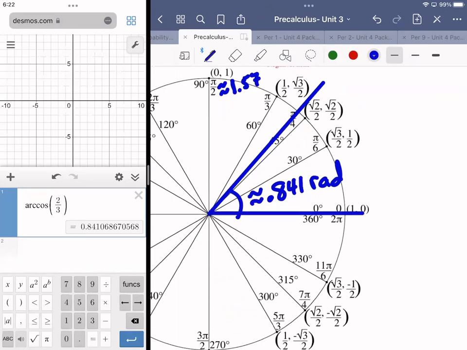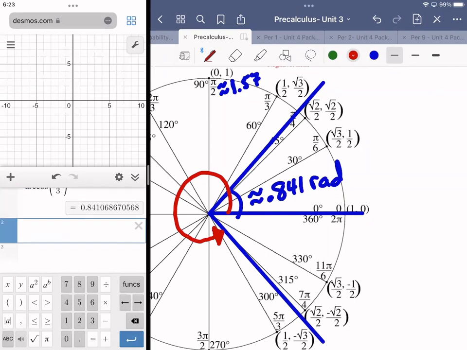Whatever that angle is, you do the same thing, going down into the fourth quadrant. This angle is still 0.841, but I need the true angle, not the reference angle. The true angle would be this angle that I'm marking in red, so everything but the 0.841.